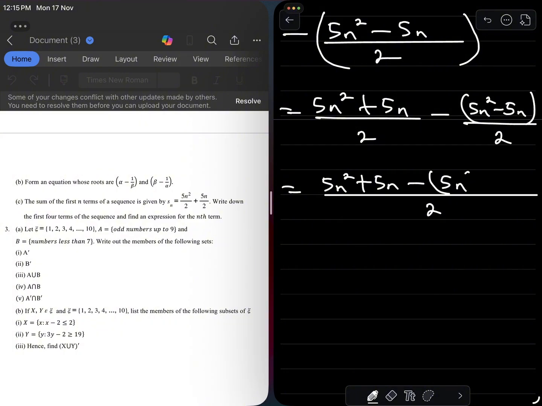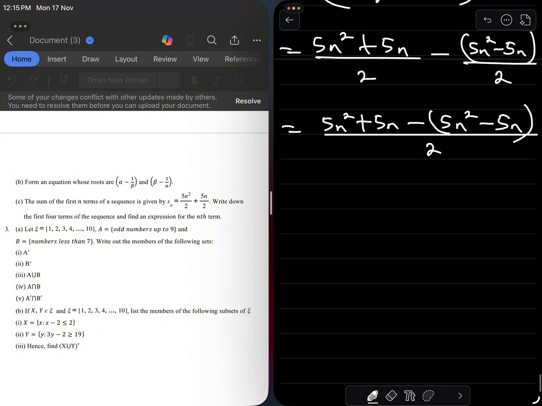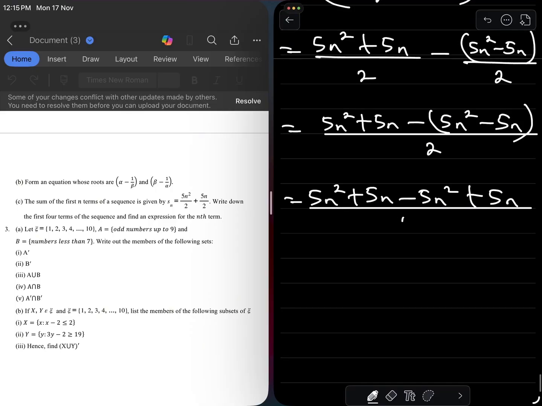Minus 5n squared minus 5n. You put all of that in brackets, and that will be equal to 5n squared plus 5n. You open the brackets here: minus 5n squared, plus minus times minus 5n will be plus 5n, all over 2.